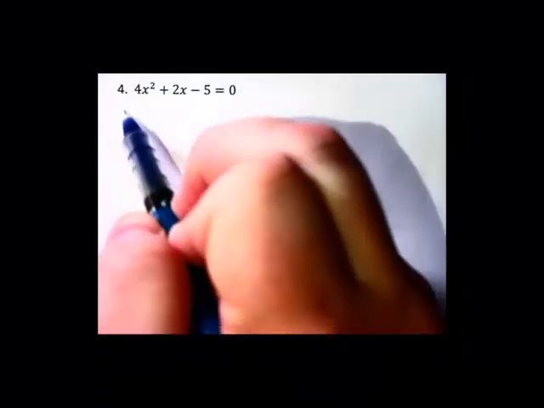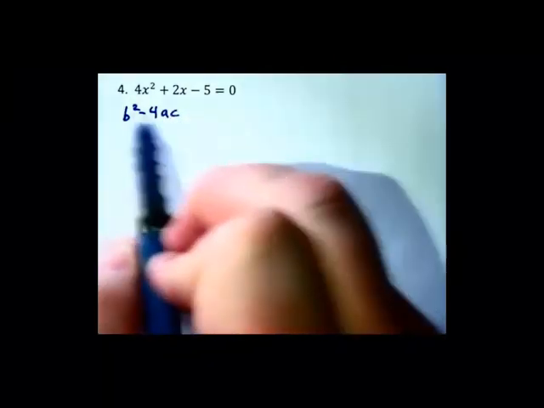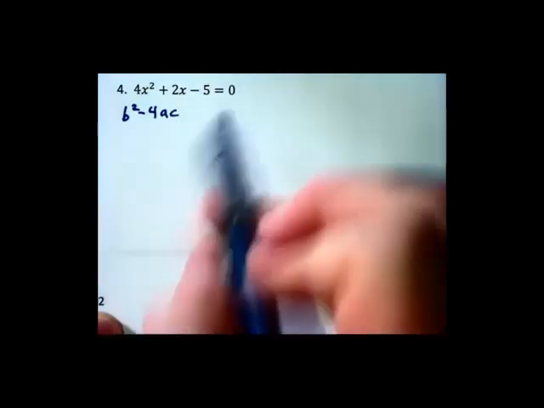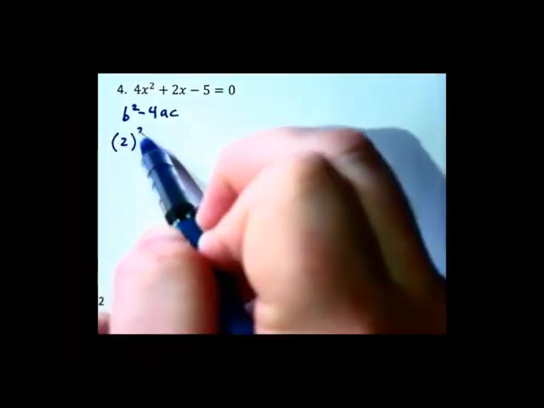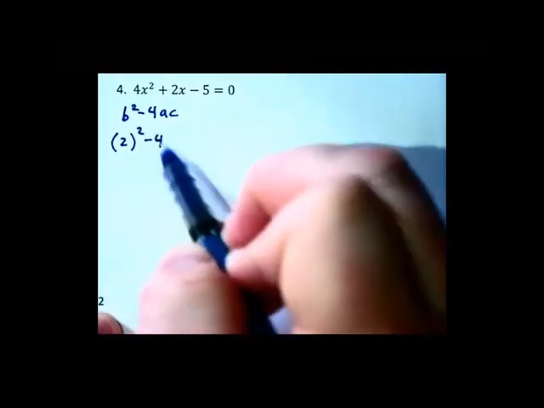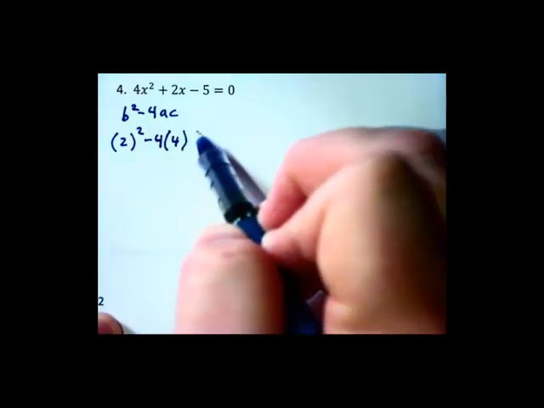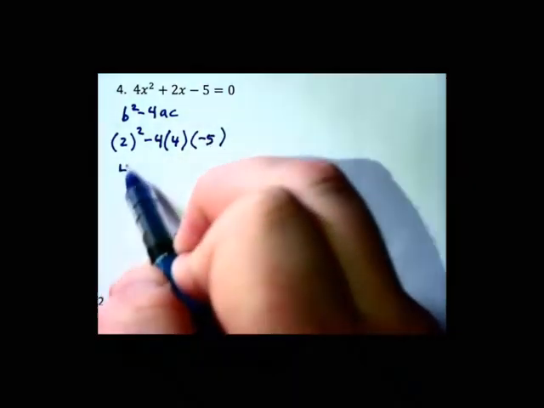I'm going to begin with b squared minus 4ac. A is 4, B is 2, and C is negative 5. It's already written in standard form for me. So B squared is going to become 2 squared minus 4, that's in the formula, times the next 4, which is A, times negative 5. That becomes 2 squared is 4.